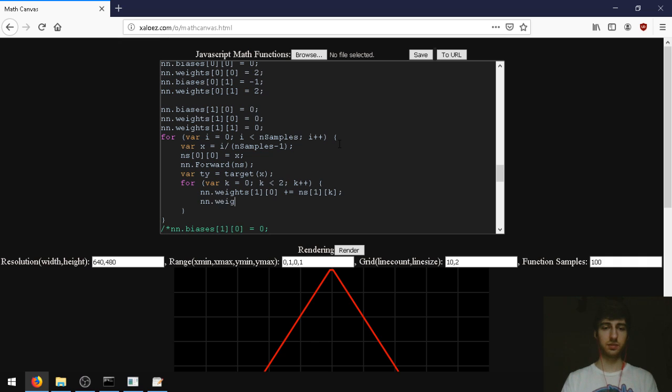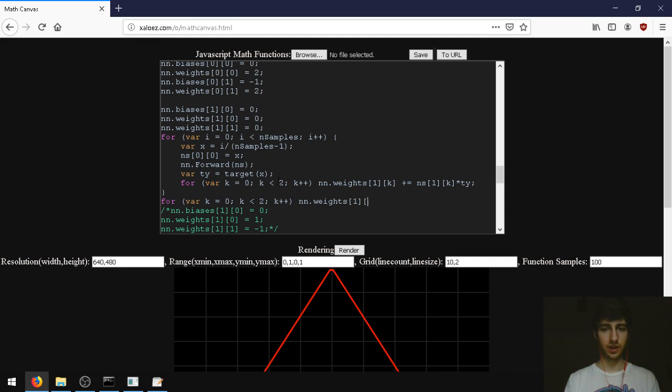Okay, like that, probably. Times the target output, which is TY. So then when we're done here, we're going to loop through and divide the weights by the number of samples.